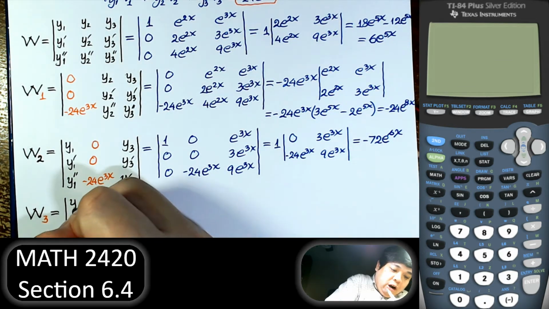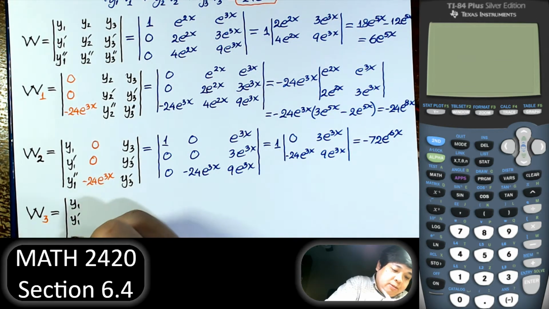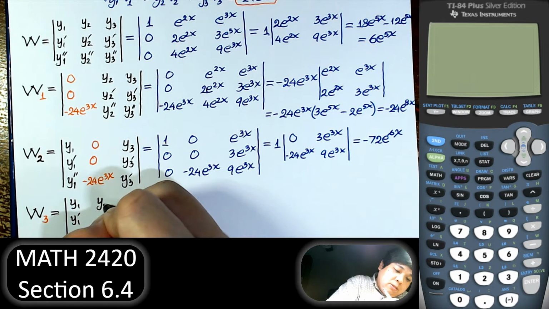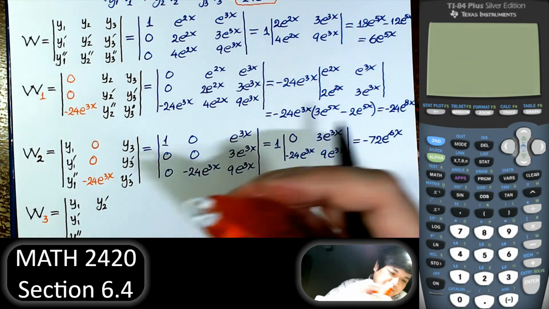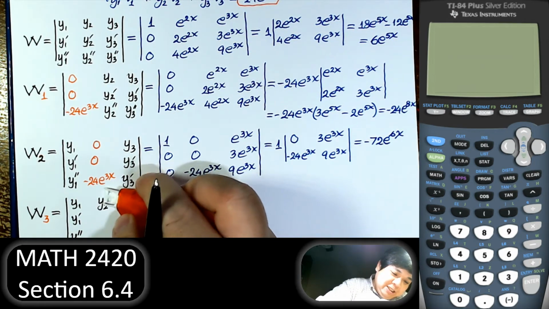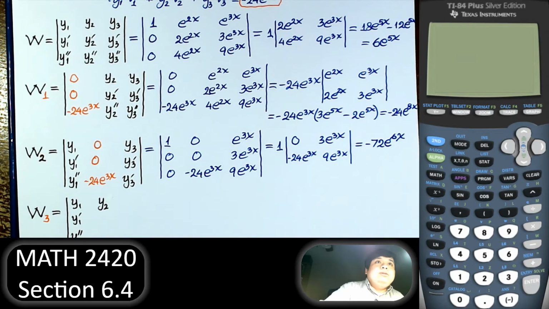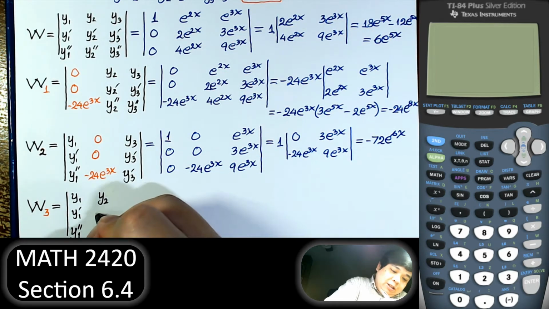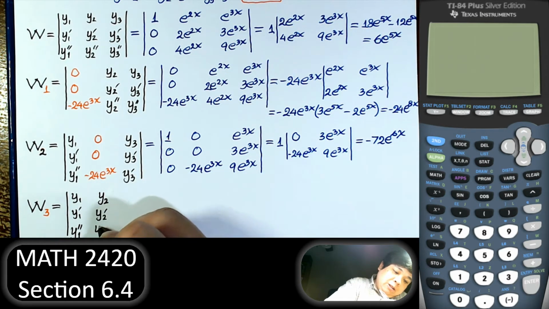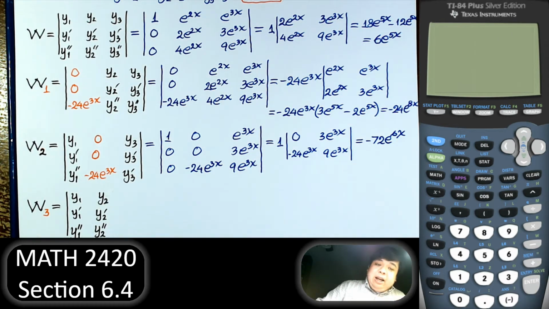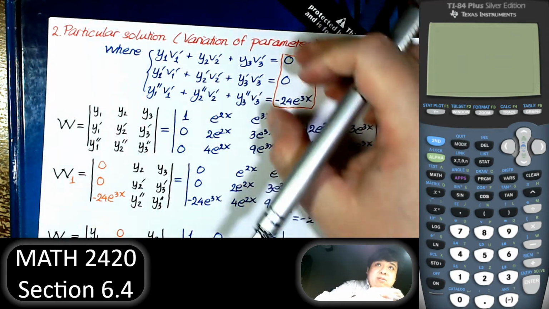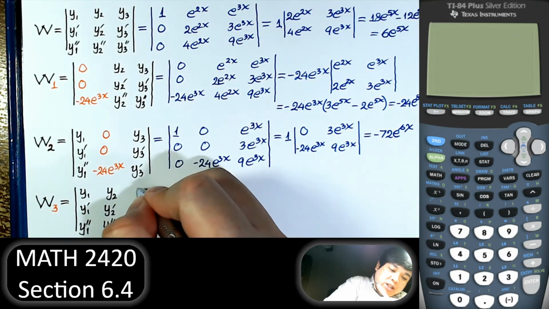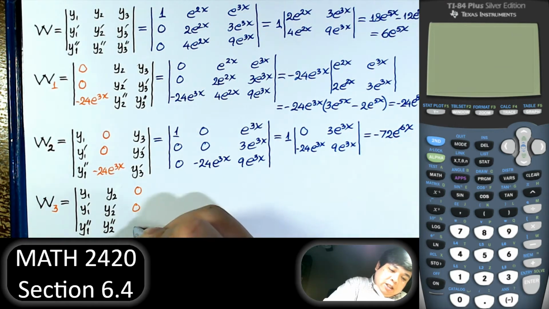Alright, the first two columns will stay the same. And then for y3, because this is W3, replace the last column with y3 and its derivatives: 0, 0, negative 24e^(3x).